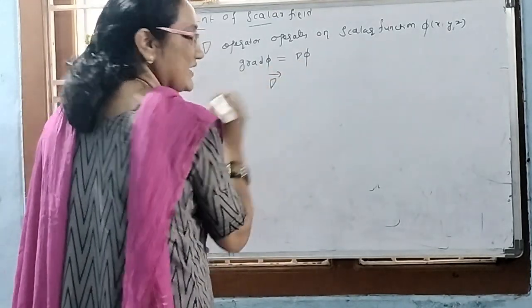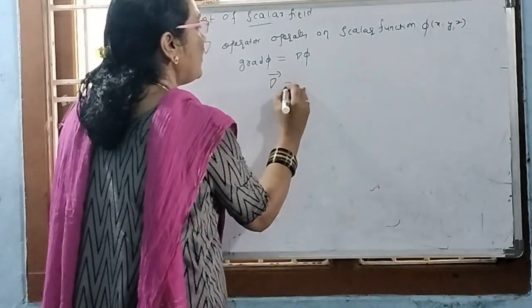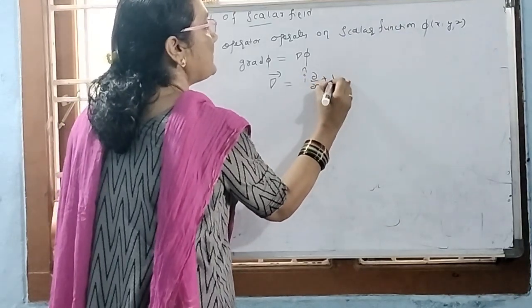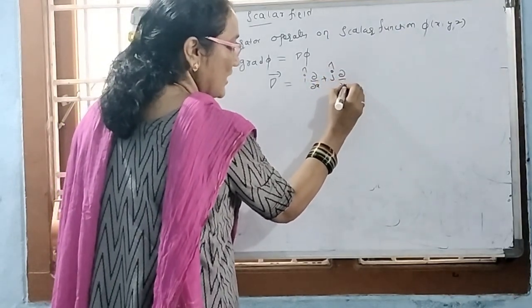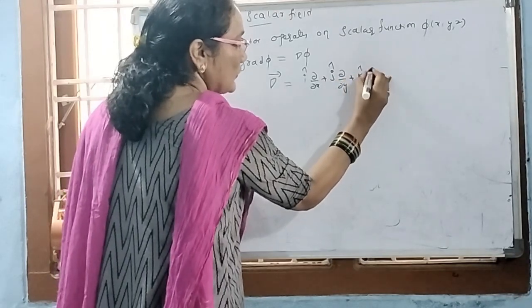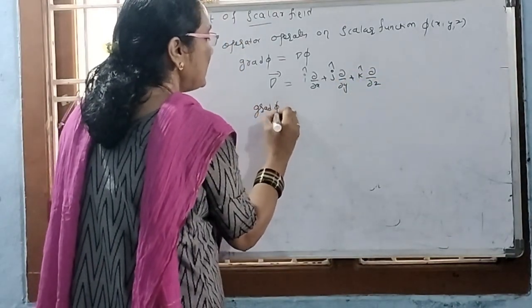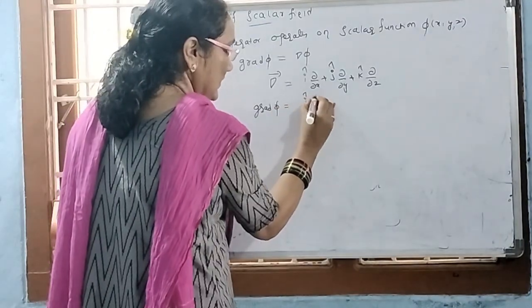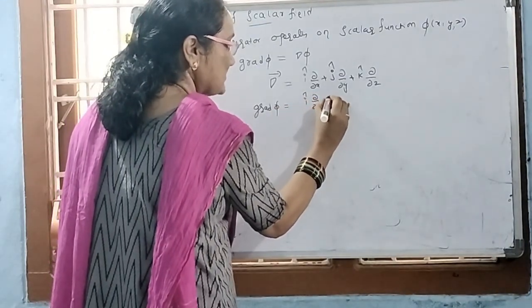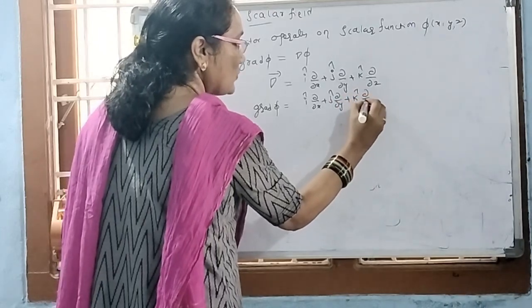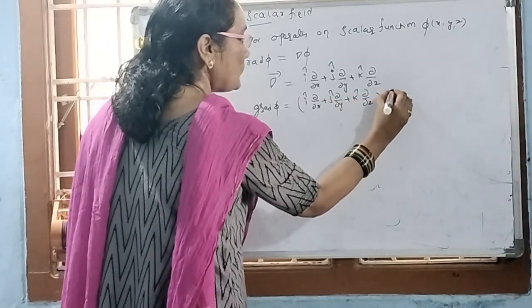Del is an operator. The operator is i dou by dou x plus j dou by dou y plus k dou by dou z, right? So now grad phi is written as (i dou by dou x plus j dou by dou y plus k dou by dou z) operating on phi.